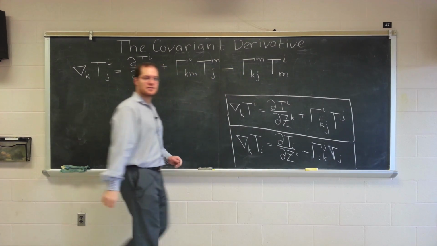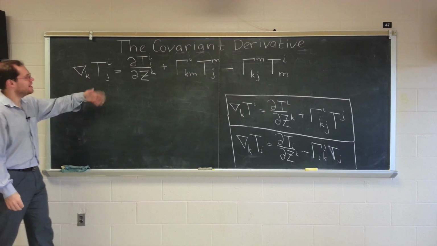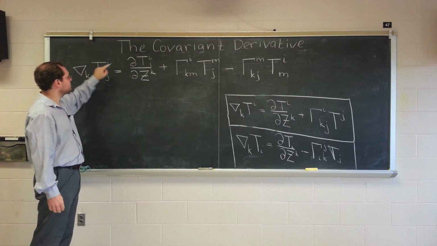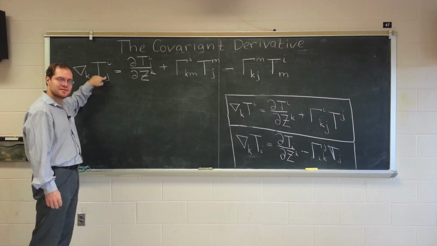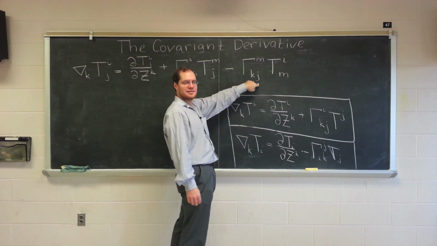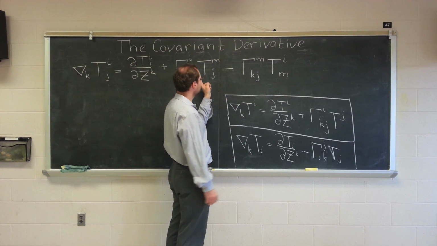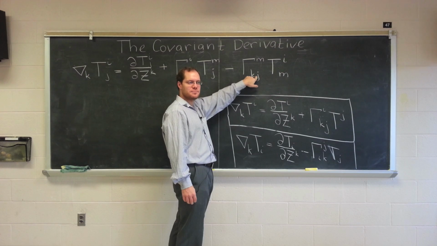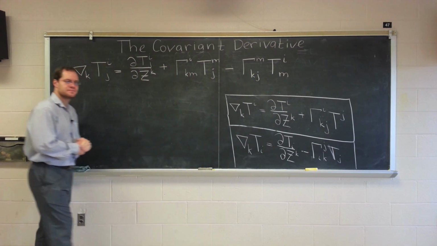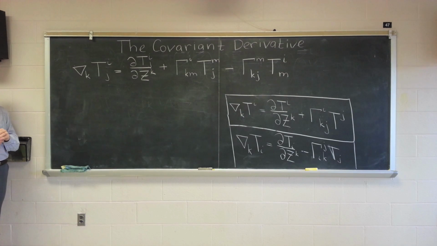So that's how the definition reads. But implied in this definition is the algorithm which says that however many indices the input has, that's how many additional terms there will be on the right-hand side, one for each index. Each one will have its own Christoffel symbol, and that's how you use them. And that's the definition of the covariant derivative.